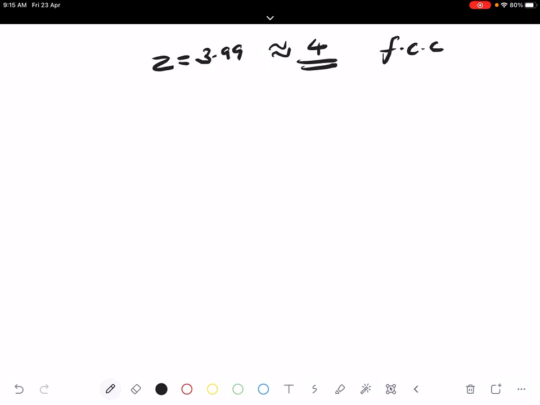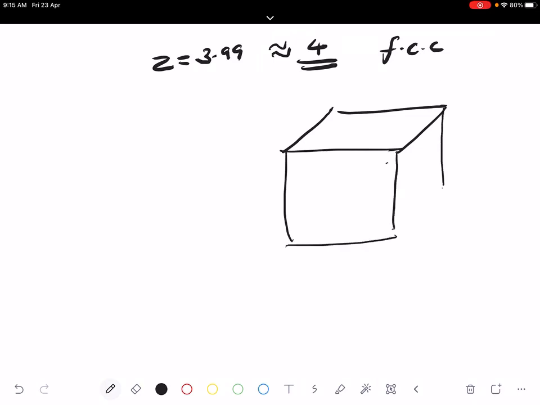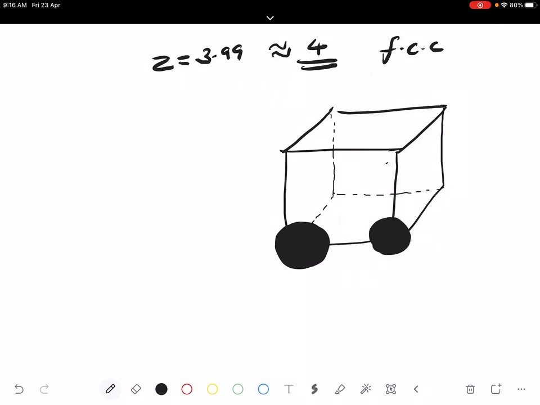For example, NaCl. In the case of NaCl, we know the edge length means, see, at this corner one atom is there, and at that corner one atom.